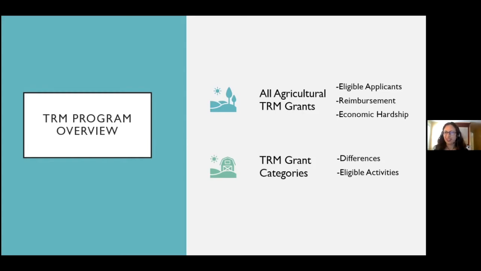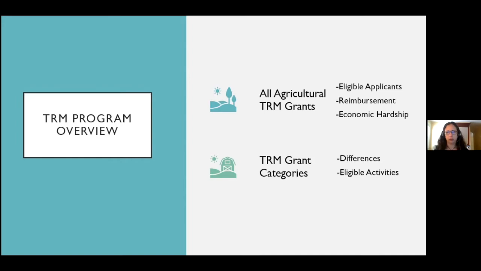This is Joe. Does DNR have a recommended format for the hardship application, or is it all on the county? I think we have some forms available, but Corinne, do you know if we actually have a form? Yes, we do have some documentation and economic hardship determination forms available.